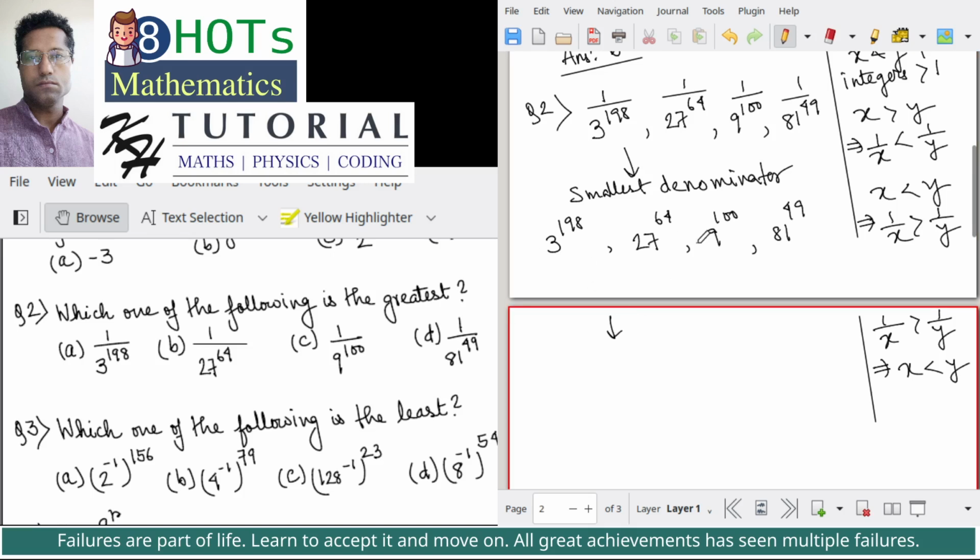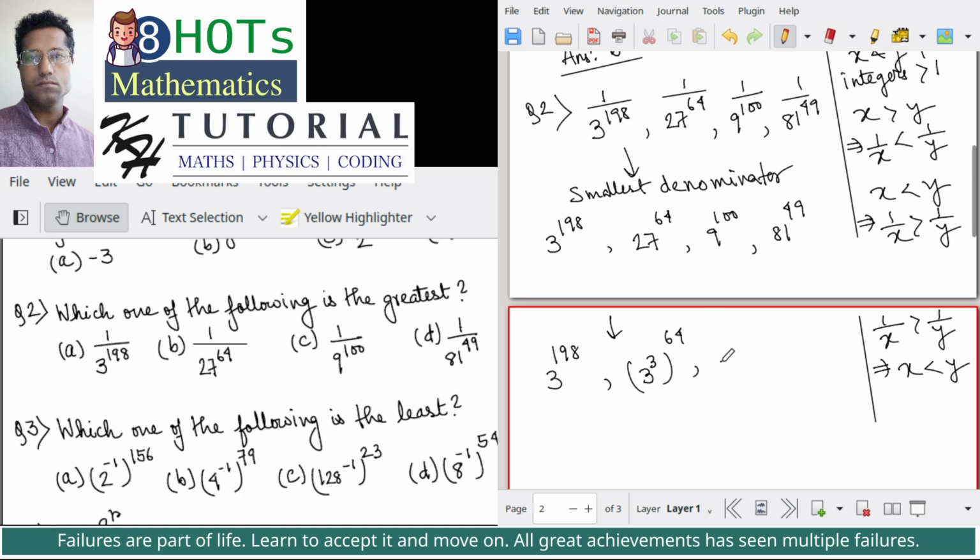If I express all the bases as a power of 3, 3 remains 3, so we have 3 to the power 198. 27 can be expressed as 3 cube, so the number becomes 3 cube whole to the power 64.